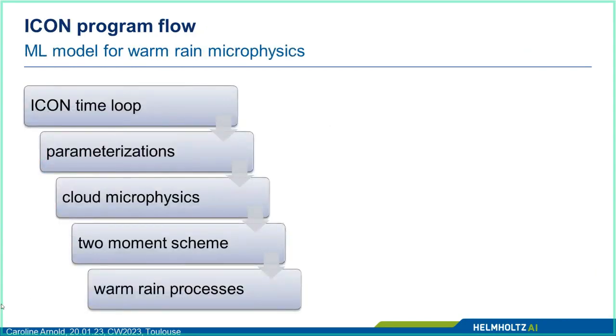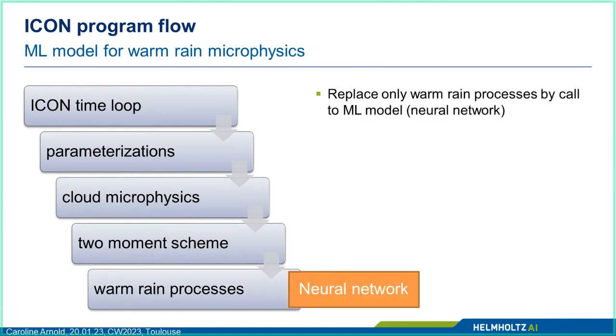This is the ICON program flow where we are coming in now with our neural network. So we are stepping through the ICON time loop inside of the parameterizations, and deep within the cloud microphysics, there are 3 lines of Fortran code that we are replacing with the neural network. So we are replacing just the warm rain processes. We need to call this for every grid cell and every vertical level of the atmosphere.